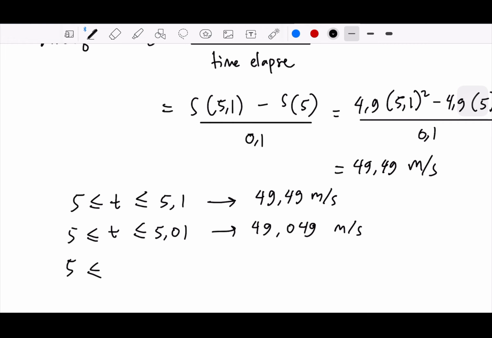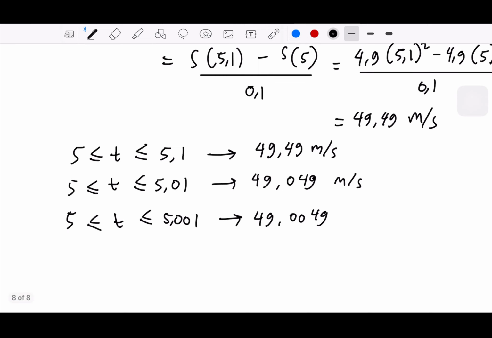Let's make it shorter. We get that this is 49.0049 meters per second.